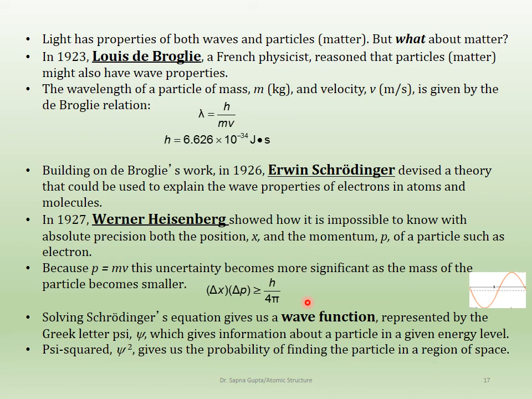So between the three scientists, de Broglie, Schrödinger, and Heisenberg, we understand that electrons also travel in waves. Electrons, of course, being so small, you can't really pinpoint the location of an electron. So that's what Heisenberg established.